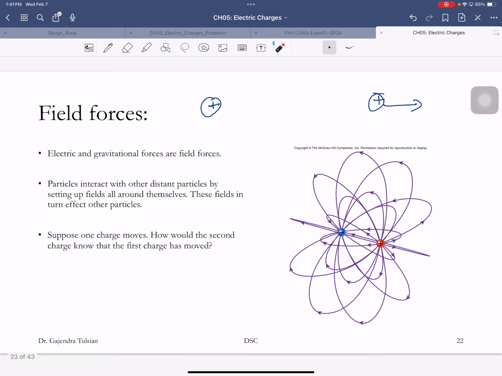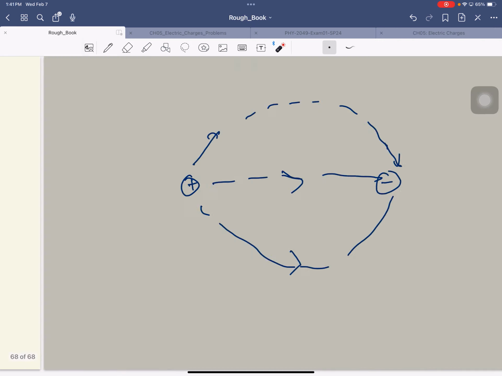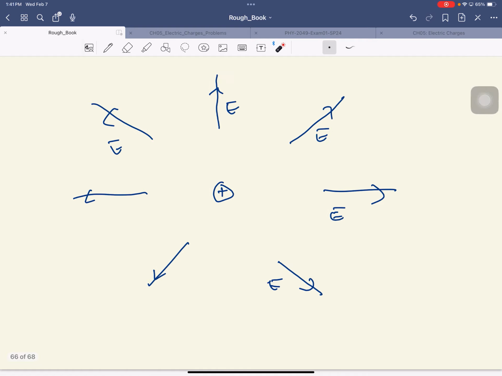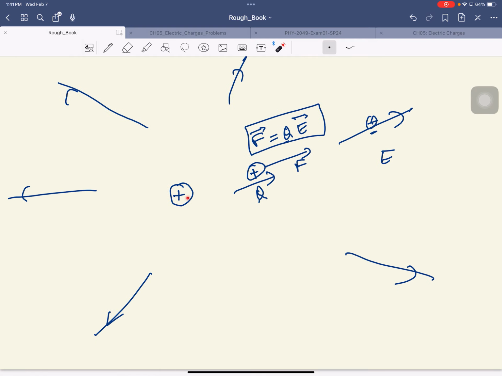All right, so electric and gravitational forces are field forces. Particles interact with other distant particles by setting up fields all around themselves. These fields in turn affect other particles. So if you have a charged particle, it'll create an electric field all around it.